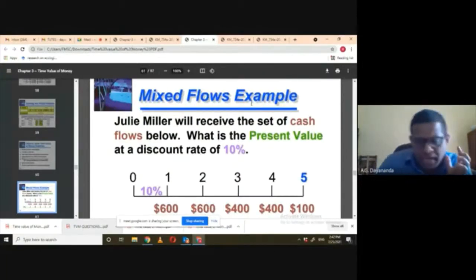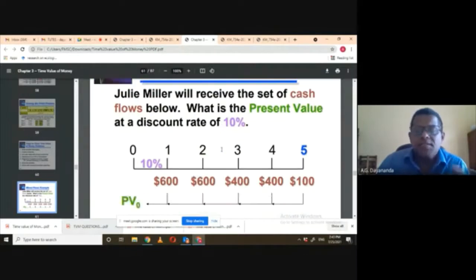So far I have calculated with lump sum, annuity due, and annuity ordinary. Now an example of mixed flows. Julia and Miller will receive the set of cash flows below. What is the present value at a discount rate of 10%?